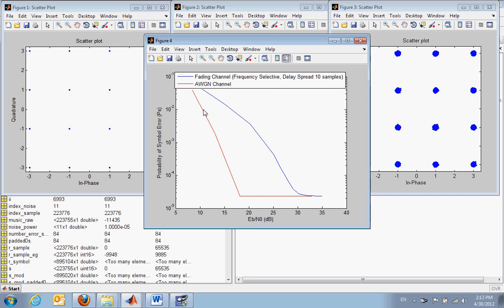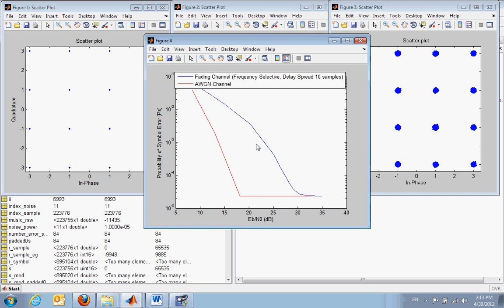We can say that the error performance under the AWGN channel is much better than under a fading channel, which is very reasonable. We can also say that it basically requires 10 dB better signal to noise ratio for the fading channel to achieve the same symbol error probability.